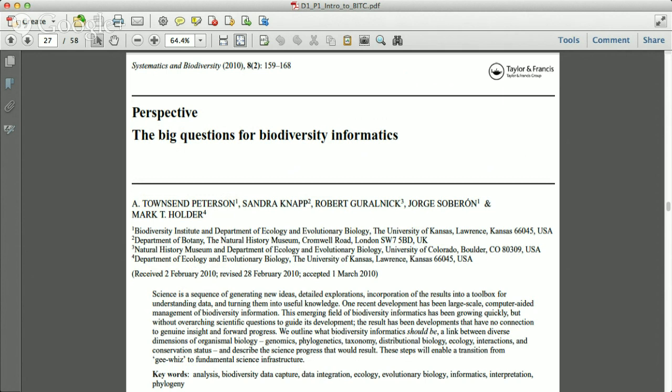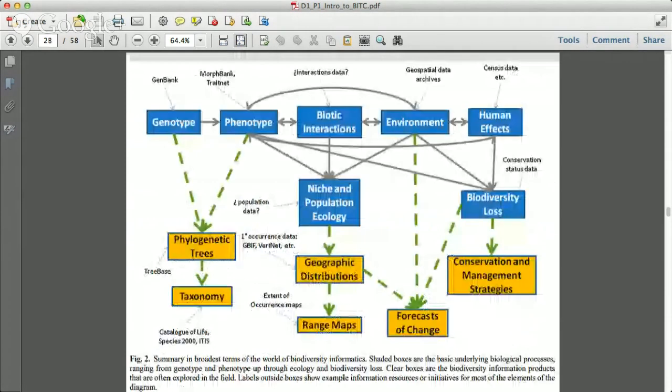Just to give you an idea of the magnitude of the challenge, here's a paper that was published a few years ago by myself and some colleagues, and essentially what I tried to do was outline what are the big questions for this new field. And perhaps the most interesting thing that we did was to develop this very complicated figure.